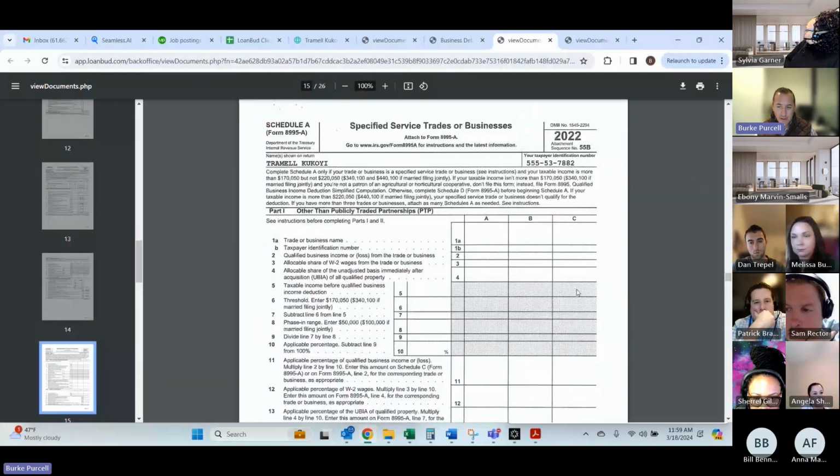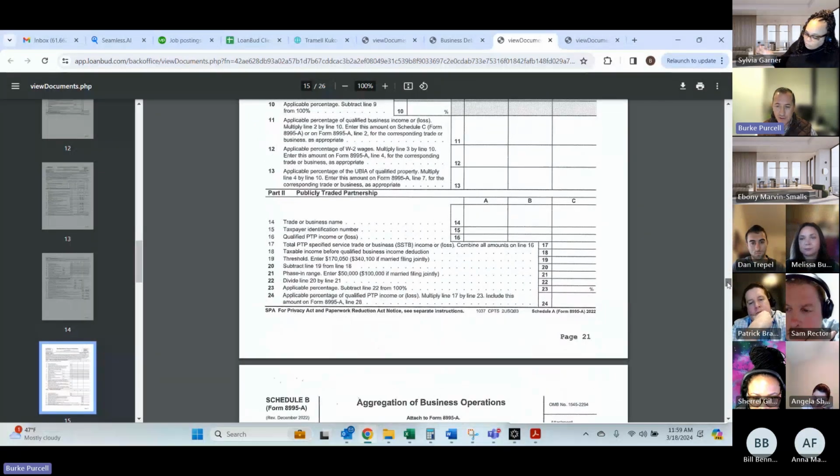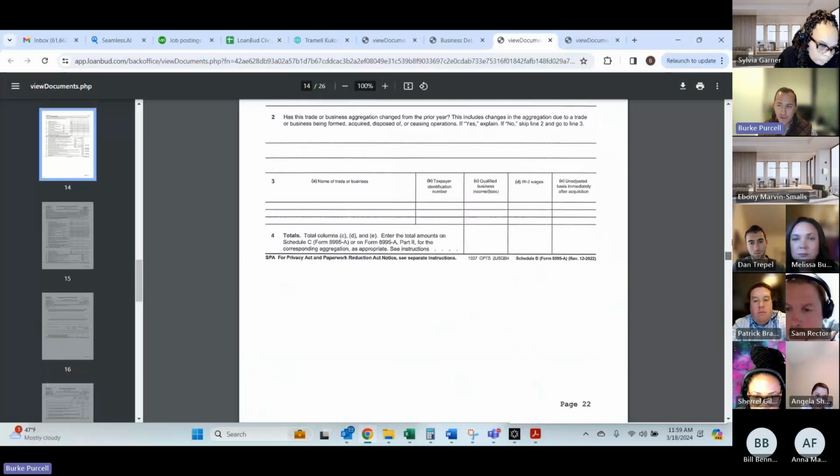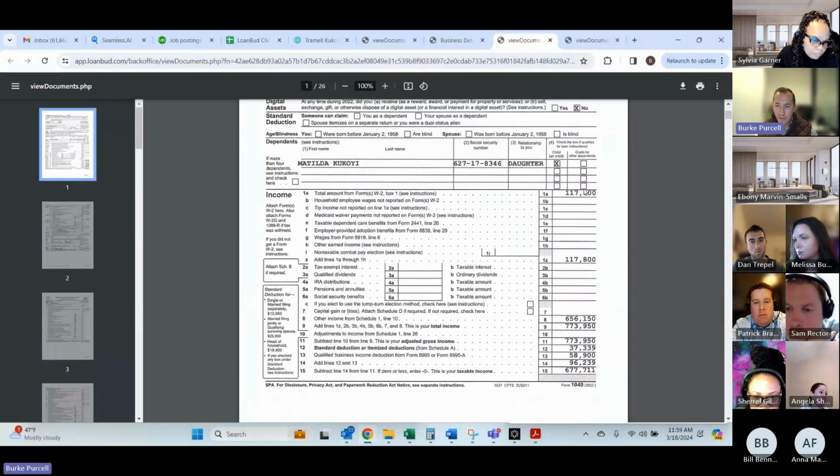These are like deductions and stuff. I'm really looking for, is there a Schedule C and is there a Schedule E? And I'm going to drop that information in. So it'll mostly tell you on page 1 what you got going on. Wages, and then other income from Schedule 1, line 10.